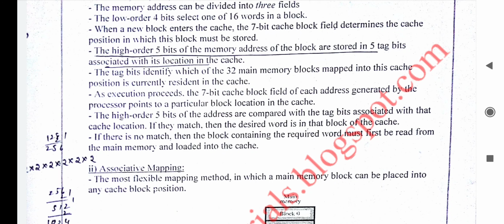The higher order 5 bits of the address are compared with the tag bits associated with that location. If they match, then the desired word is in the block of the cache. If there is no match, then the block containing the required word must first be read from the main memory and loaded into the cache.